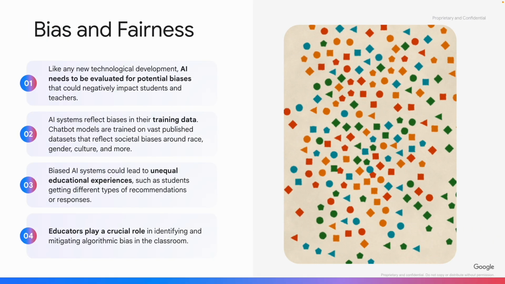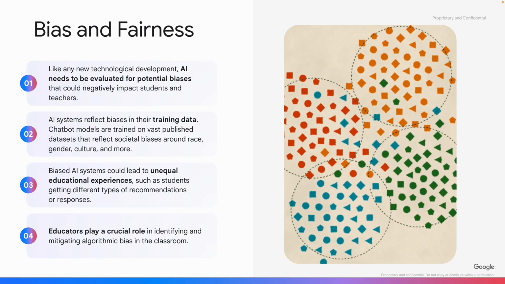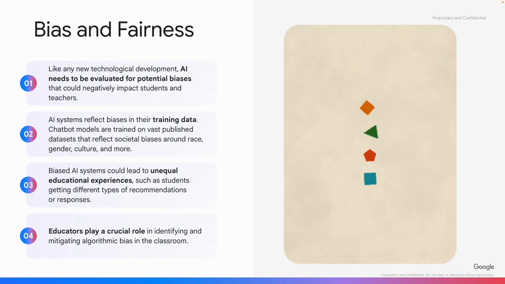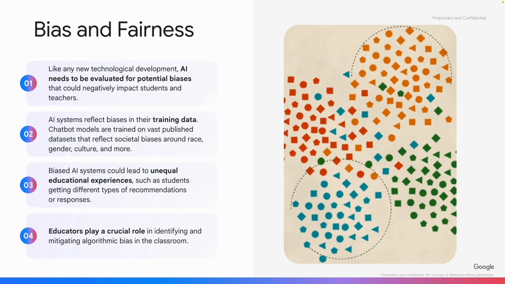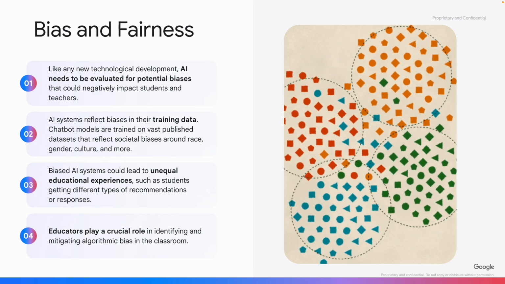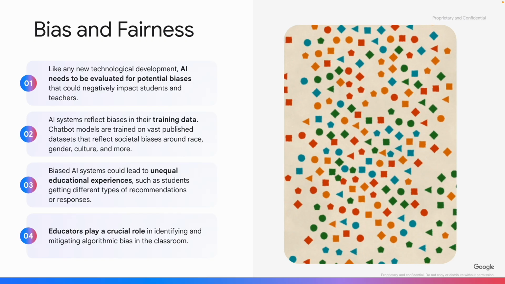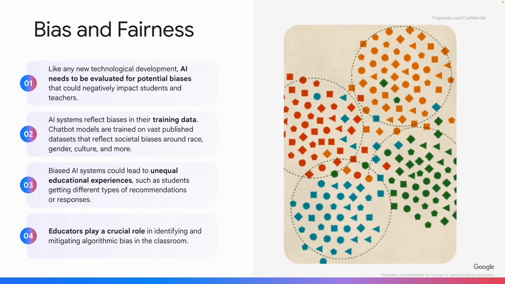Now, it's important to mention anytime we're talking about AI that it's crucial to be considerate of potential biases. These biases can arise from existing biases in the data used to train AI models. As educators, we play a critical role in examining the materials created for bias, mitigating bias concerns, and helping our students understand bias.